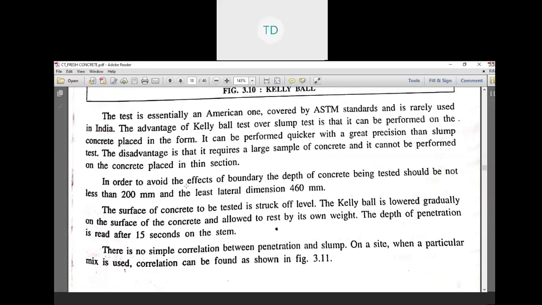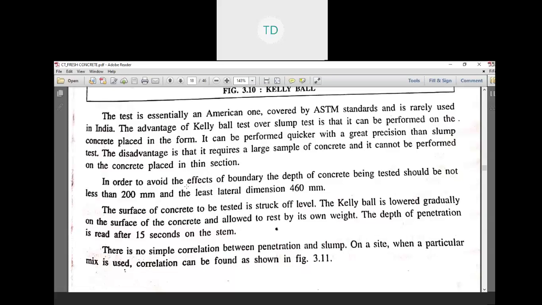Now, the test is essentially an American one covered by ASTM standard and is rarely used in India. The advantage of the Kelly ball test over the slump test is that it can be performed on the concrete placed in the form. It can be performed quicker and with greater precision than the slump test.